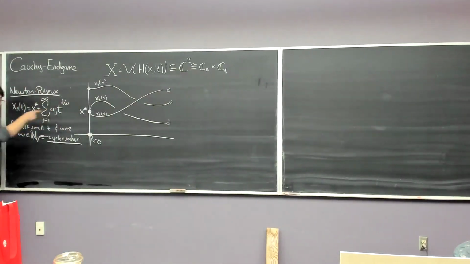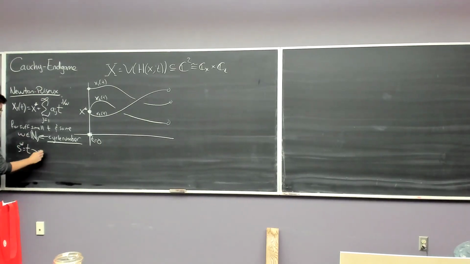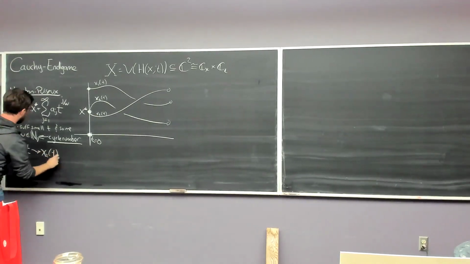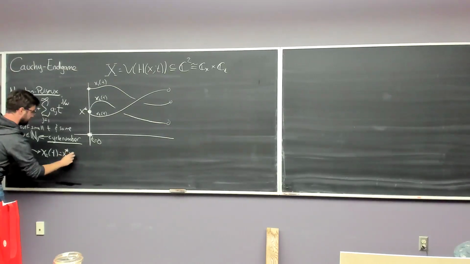Things that look like this aren't power series because we have fractional exponents. They're called Puiseux series. But of course, if we take s to the w to be t, then we do get a power series.